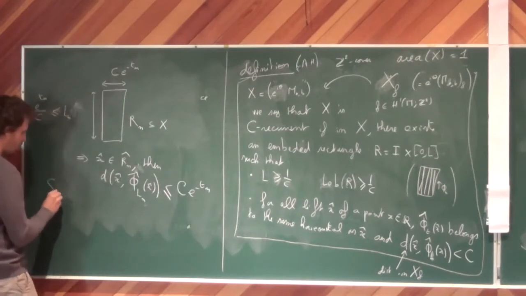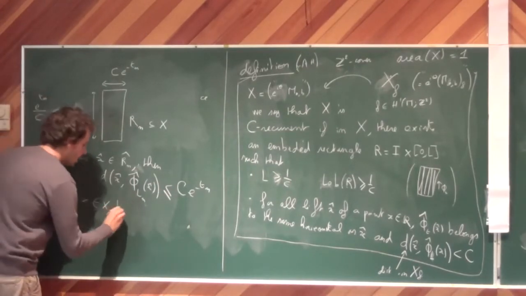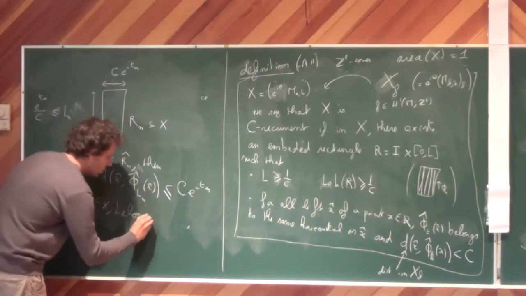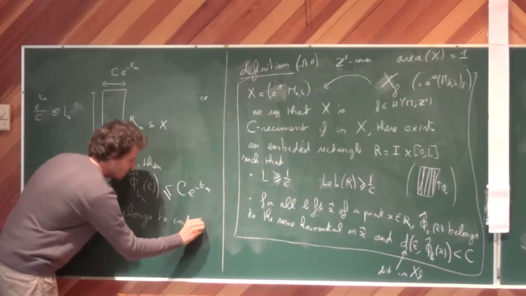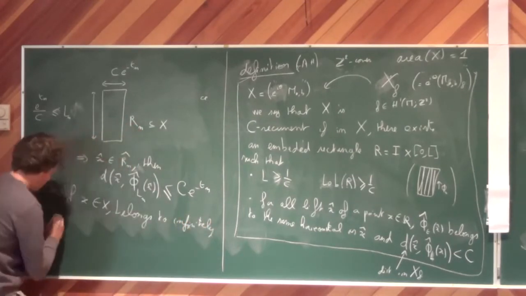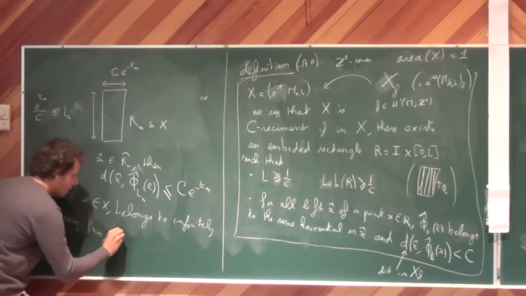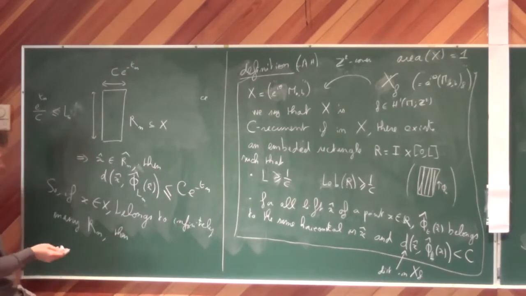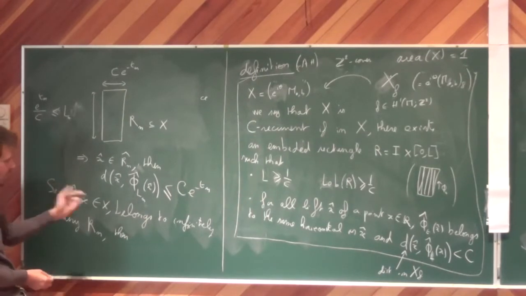So if x belongs to infinitely many Rn, then the associated trajectory in the infinite surface is recurrent.